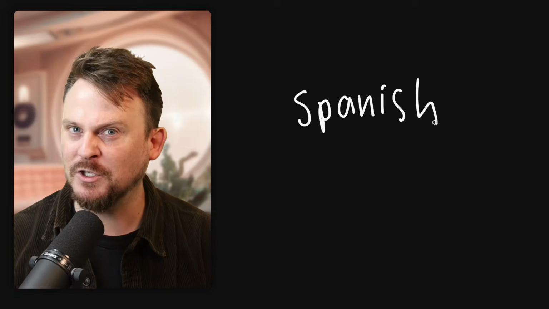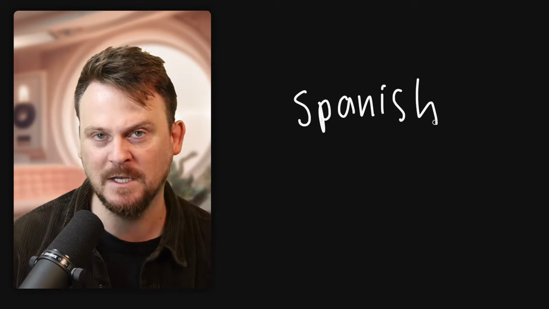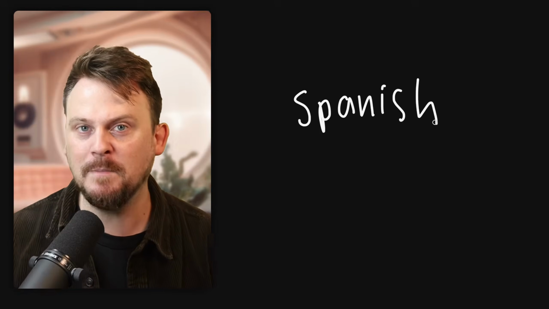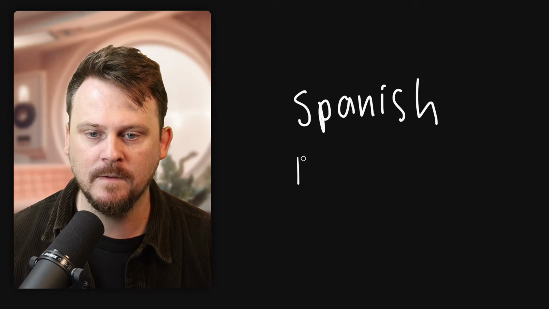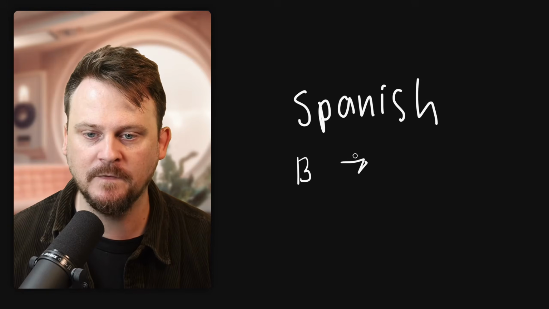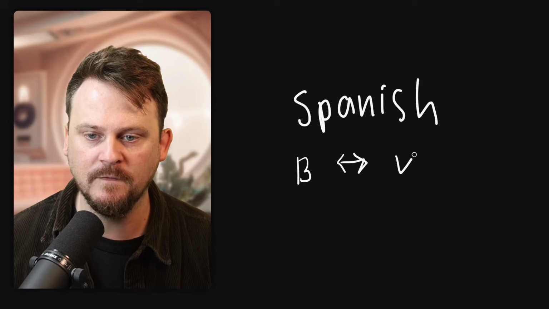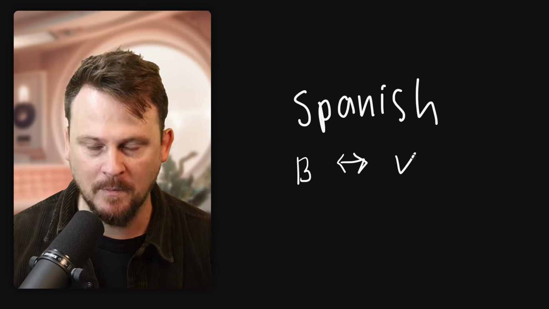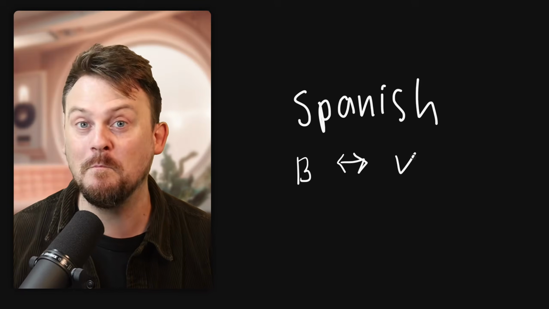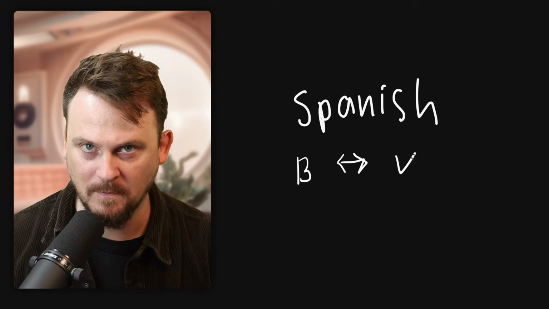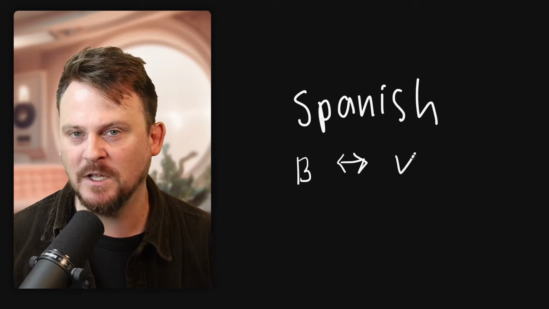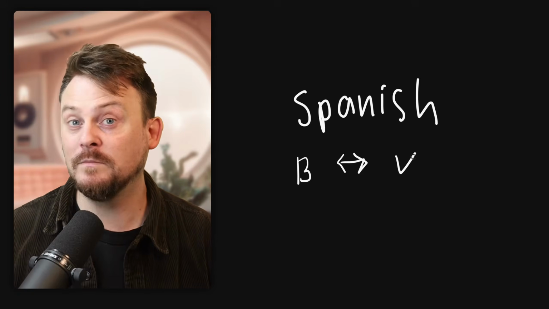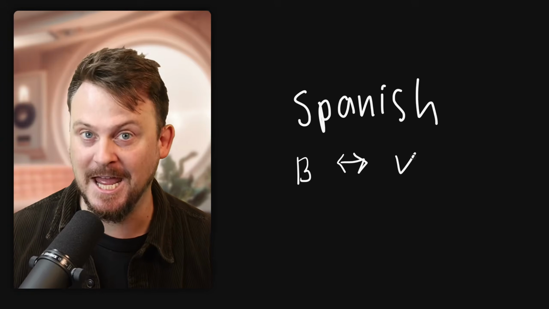Very often, when we hear a Spanish accent, the thing that makes it a Spanish accent is flipping B and V. B is flipped with V. And so, for example, video might be video, or it might sound like video. Now, again, does that cause misunderstandings? Well, sometimes it can, right?